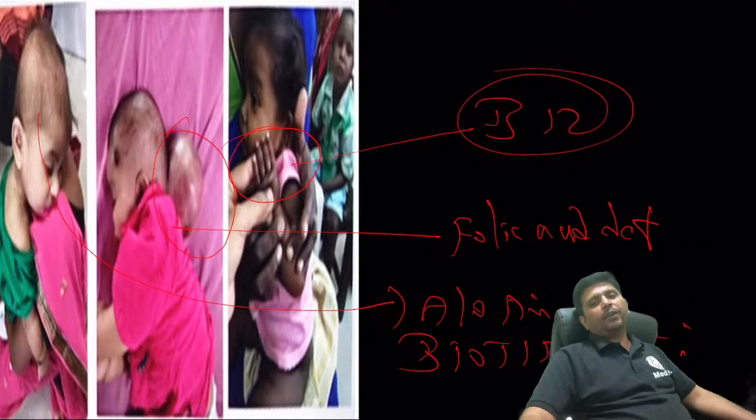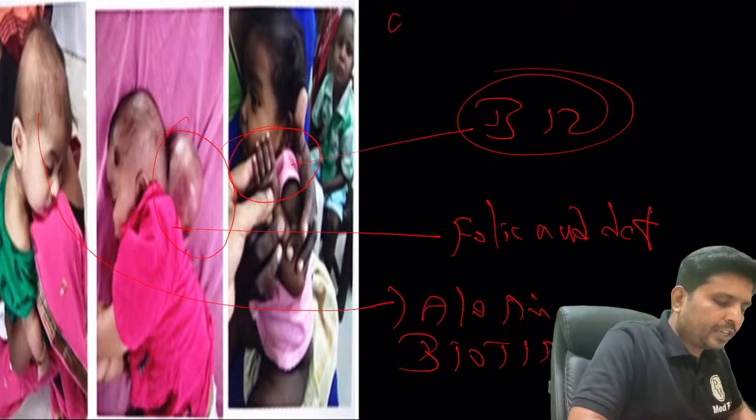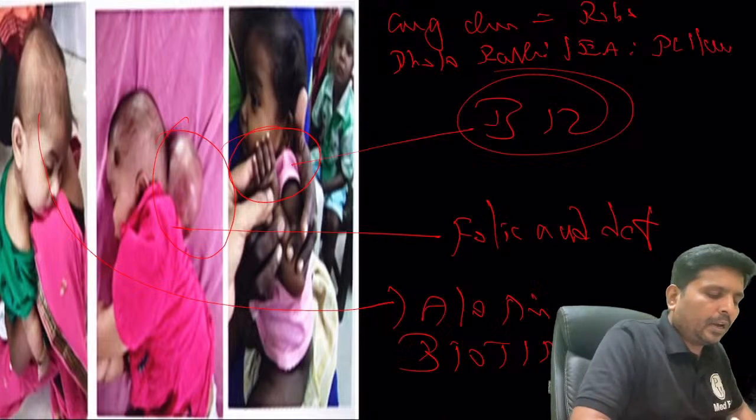You people are often asked about only two things now. One is angular cheilitis, suggestive of riboflavin deficiency, and the photosensitive rash in sun exposed areas is pellagra. Along with that, you will know Bitot spot.